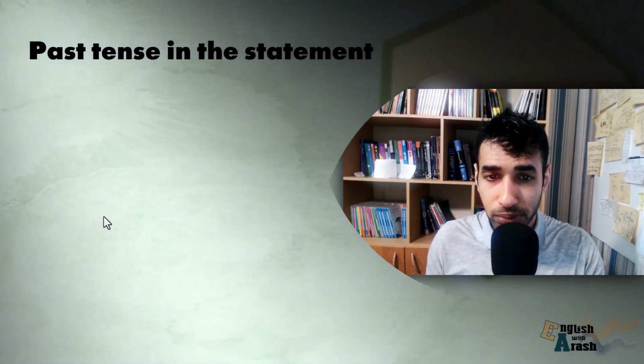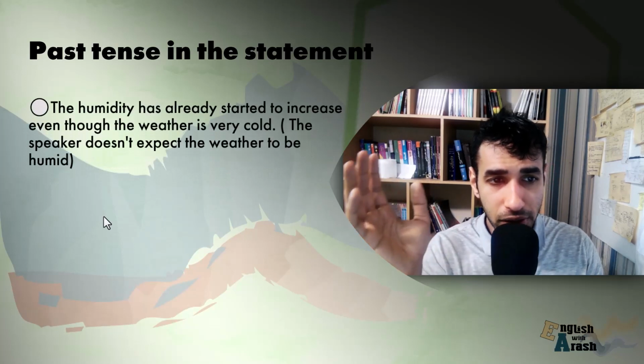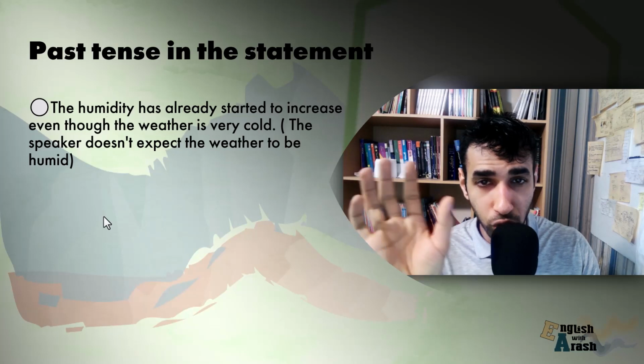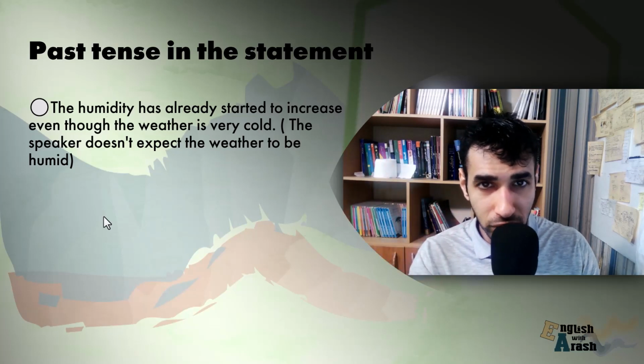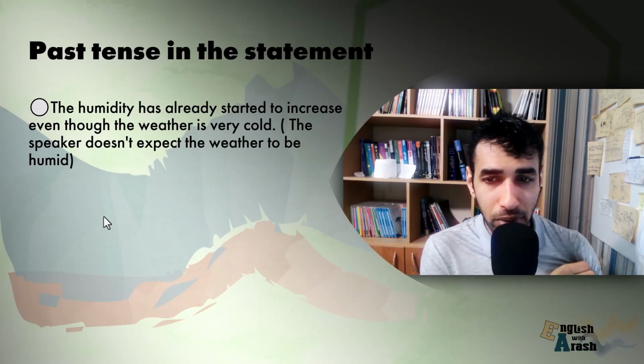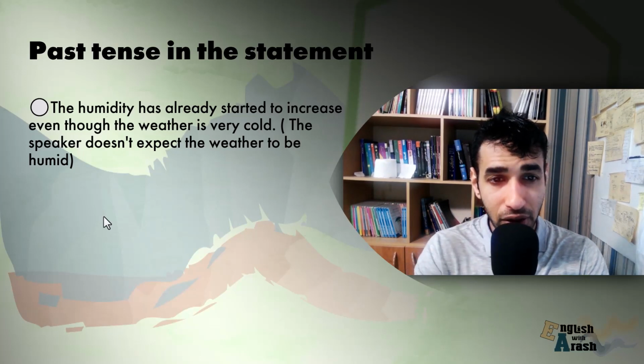For example, the humidity has already started, present perfect. If you want to report it, we should go one step back, one step in the past. Started to increase, even though the weather is very cold.